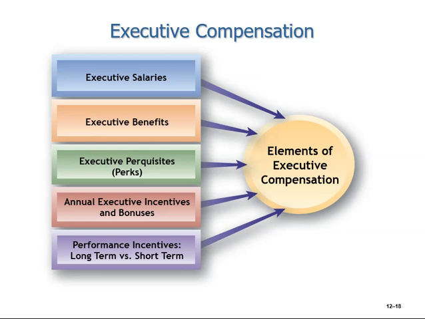Let's just talk about executive perks for a moment. Executive perks could be things like an airplane, a helicopter, a mansion that the company provides to the CEO or to executives so they have a place to live and take care of their families. I mean, it could be any number of perks, and they're only limited by the creativity of the organization.